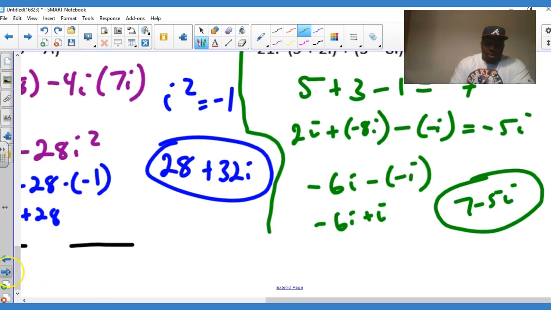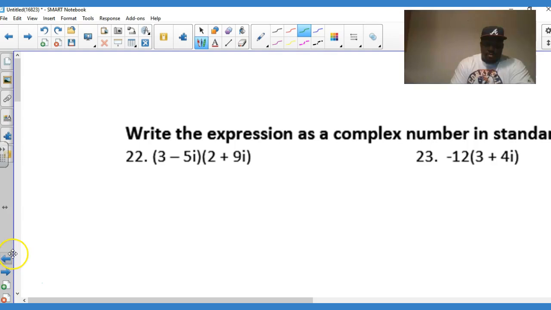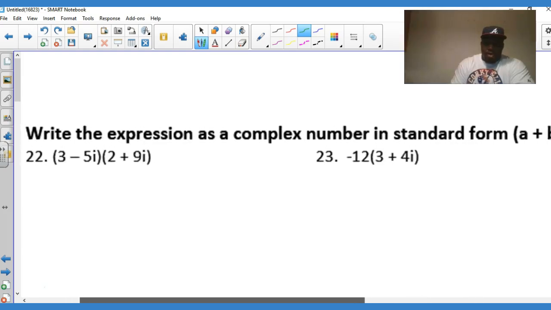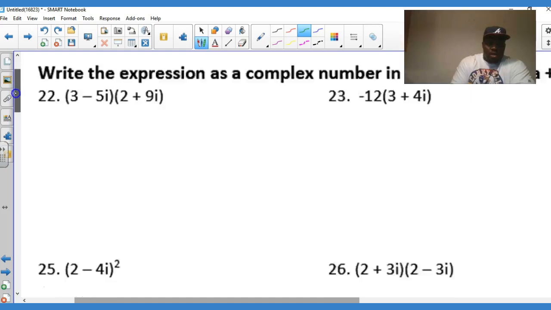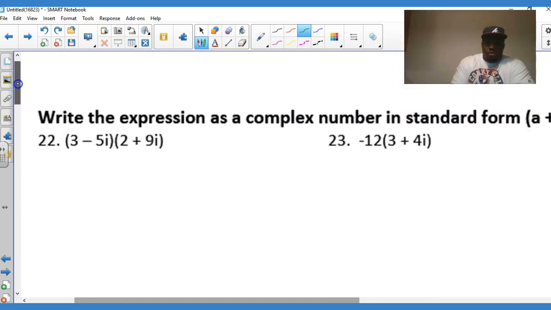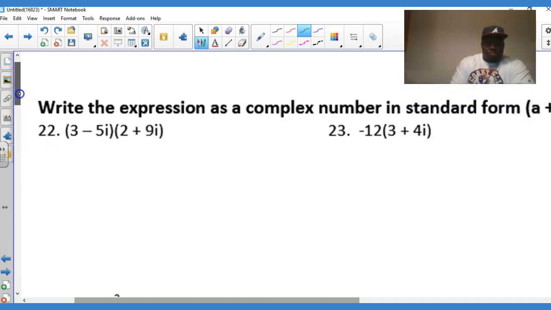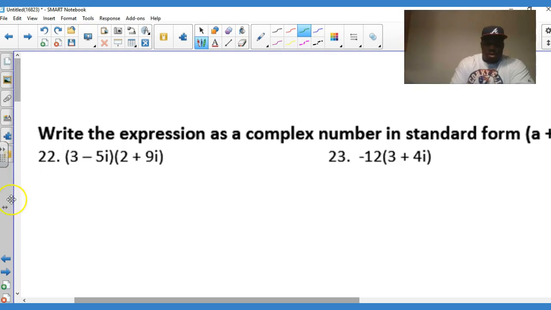All right, let's see what we got on the back here. Write an expression as a complex number in standard form, a plus bi. We're definitely going to FOIL right there. Oh yeah, we're going to do a lot of FOILing, okay?